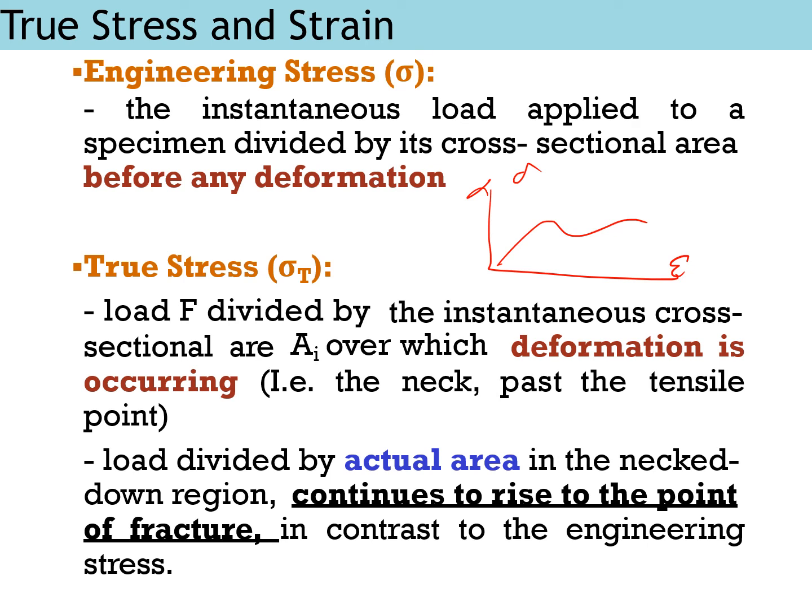It doesn't represent the actual stress or strain in the test piece during the tensile test. So in this slide we will talk more about the true stress and true strain. By default, the engineering stress is the instantaneous load applied to a specimen divided by its cross-sectional area before any deformation.